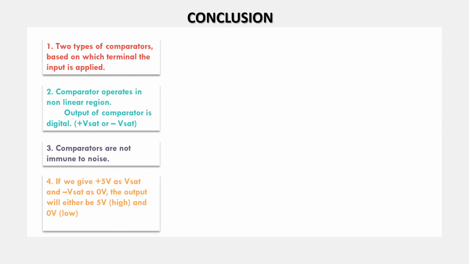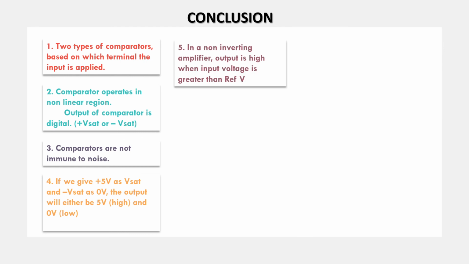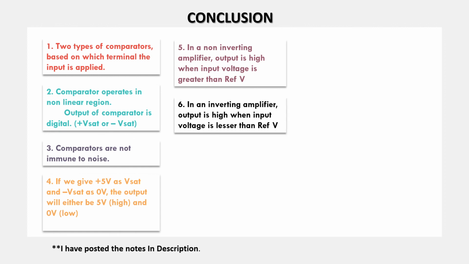So, from the solved problem, we have seen that in a non-inverting comparator, the output is high when the input voltage is greater than the reference voltage. Similarly, in an inverting comparator, the output is high when the input voltage is lesser than the reference voltage. And we have also understood that if we want to increase the on time of the inverting comparator, we need to increase V reference.